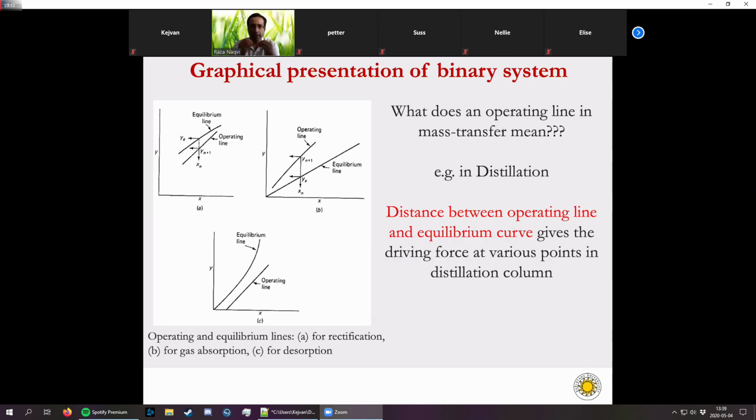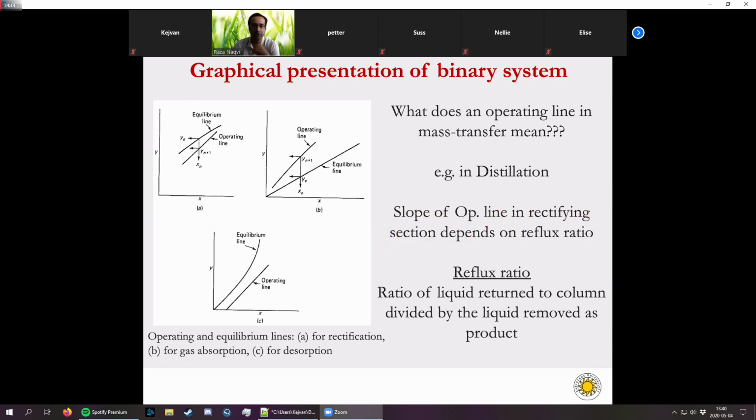So the position of the operating lines helps us in finding information about the driving force. The distance between the operating line and the equilibrium curve gives us information about the driving force at various points in distillation, in gas absorption, or in many equilibrium stage systems.